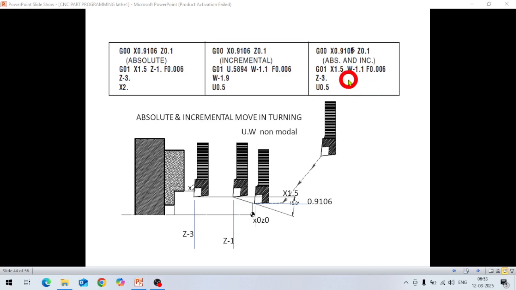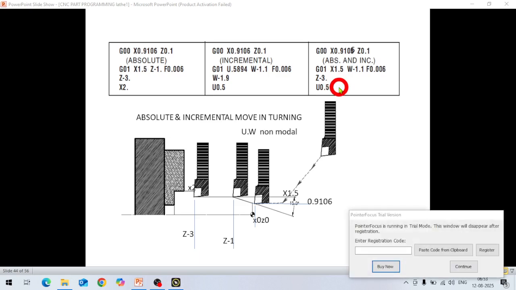Okay. In the next move, Z minus 3, because G01 is a modal command running here, so it will cut up to minus 3. Then in the next, again incremental mode, U 0.5. From here this point now becomes X0, Z0, and in the x-axis it will move vertically. So the distance is only 0.5.